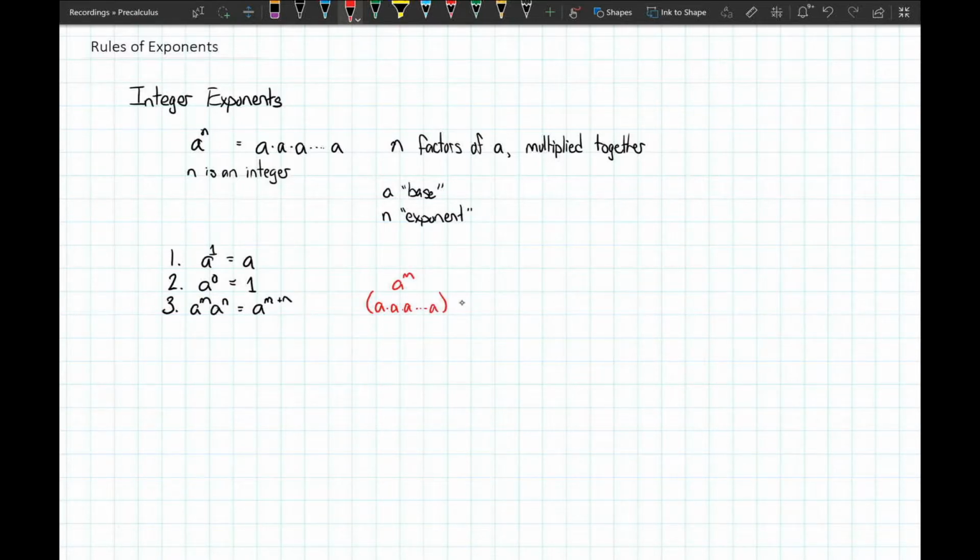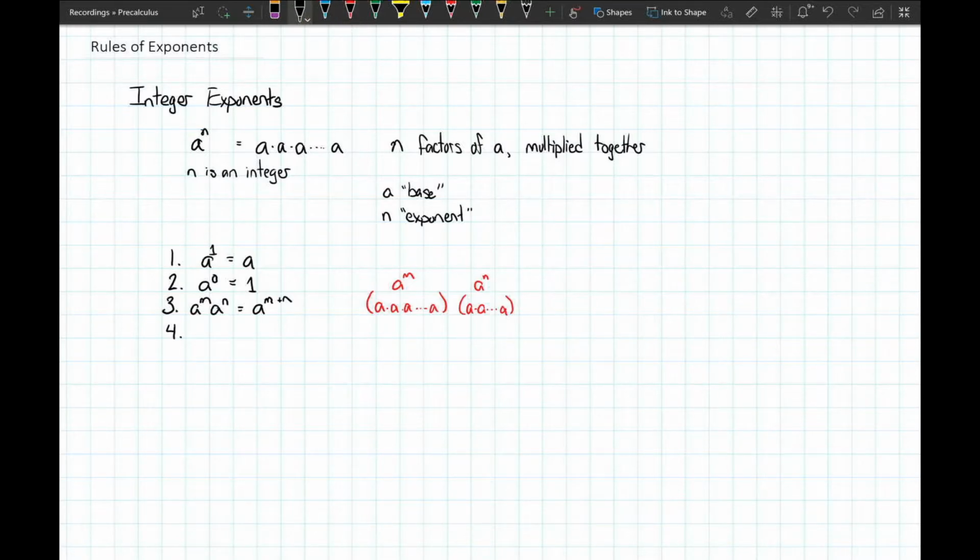And then we have a whole bunch of a's multiplied together, and that comprises a to the n. Now, if you multiply them together, it's essentially just multiplying as many a's as you have written out, which would be m factors in the first brackets, and n factors in the second set of brackets, and we can add them together. M plus n factors of a in total.